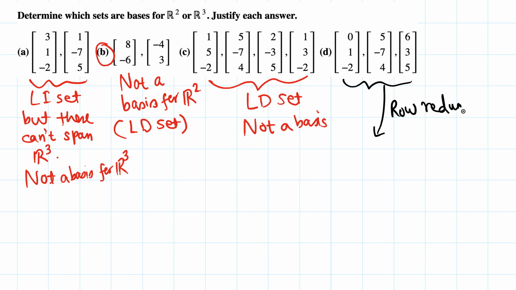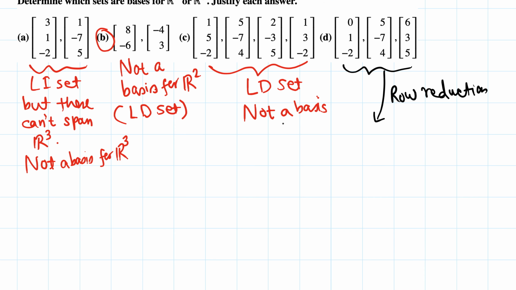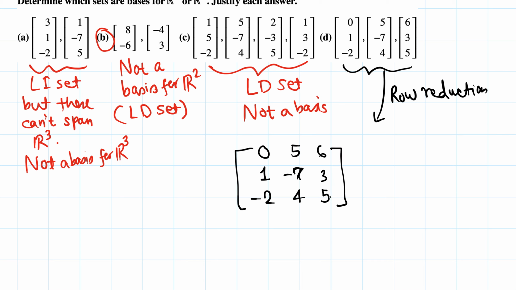The matrix would be 0, 1, -2, 5, -7, 4, 6, 3, 5. Only the matrix, not the augmented matrix.